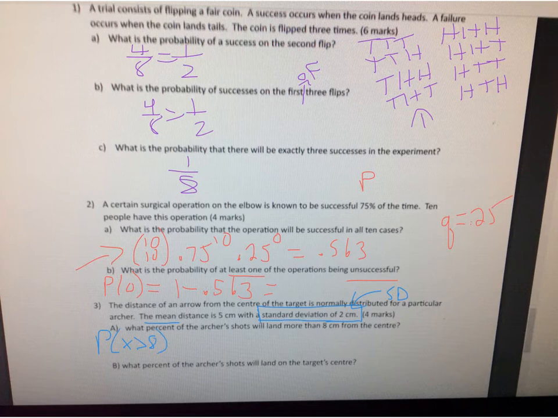If they're asking for a range rather than a specific value, we're just going to go 8 minus 5, which is the mean, and divide by 2, which is the standard deviation. That gives us 3 over 2, and that is our z-score, okay?